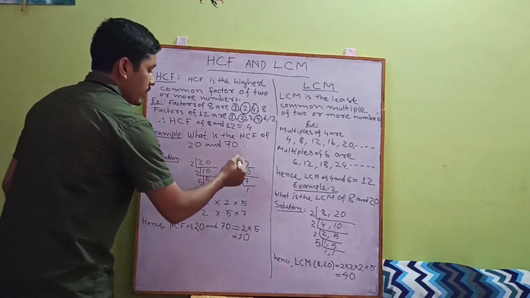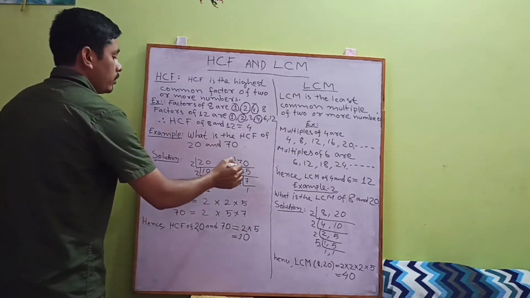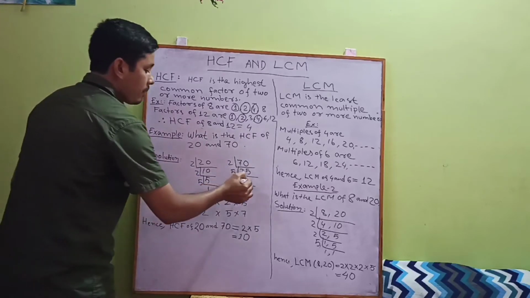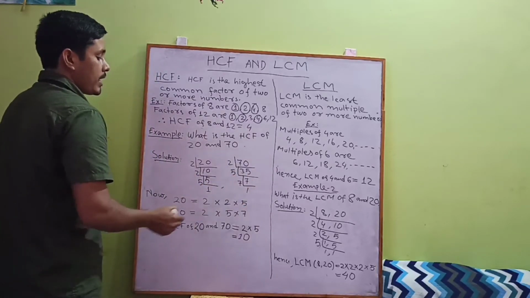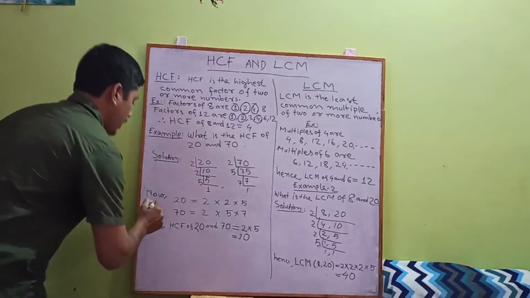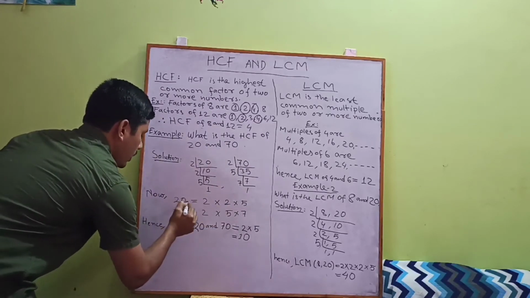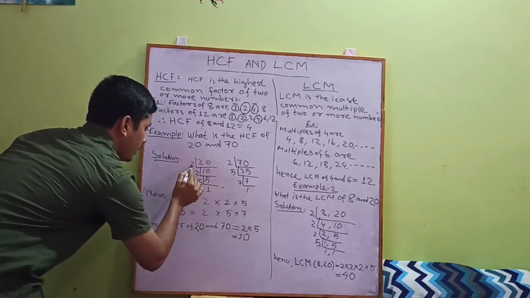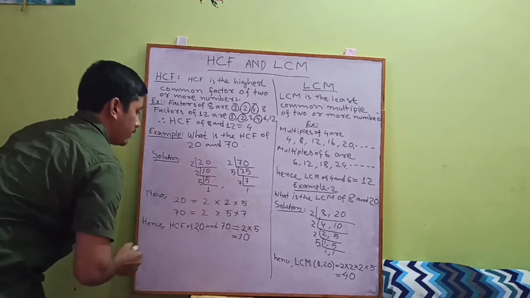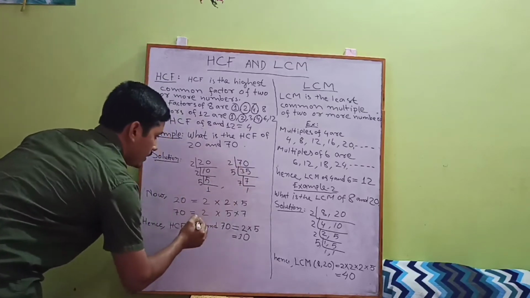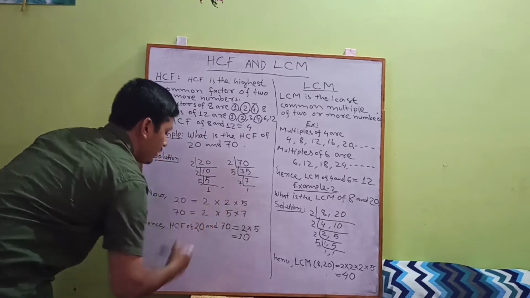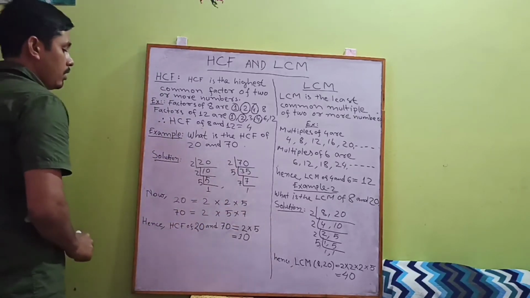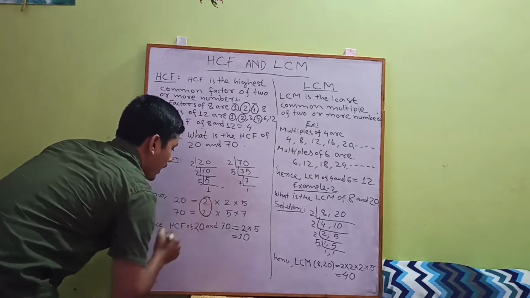Like that, 70. 70 is divisible by 2, we get 35. 35 is divisible by 5, we get 7. 7 is divisible by 7, we get 1. Now 20 is equal to 2, 2 and 5. We need to write these factors here like this. And 70 is equal to 2, 5, 7. Among these factors, we need to take the common factors.